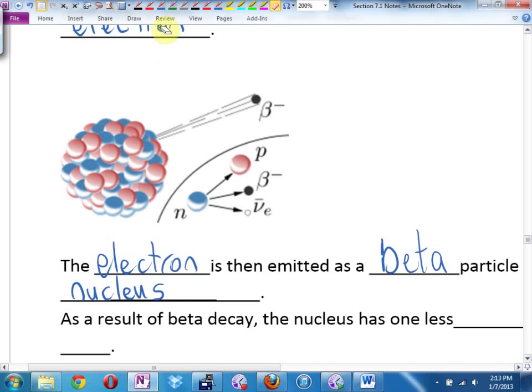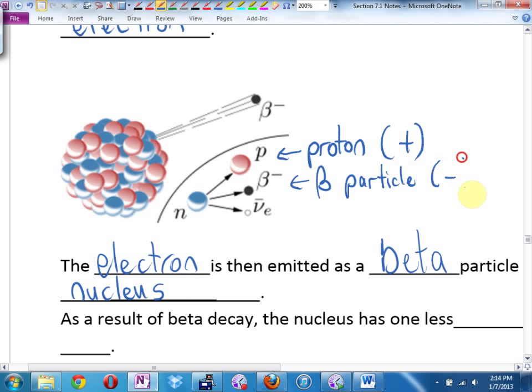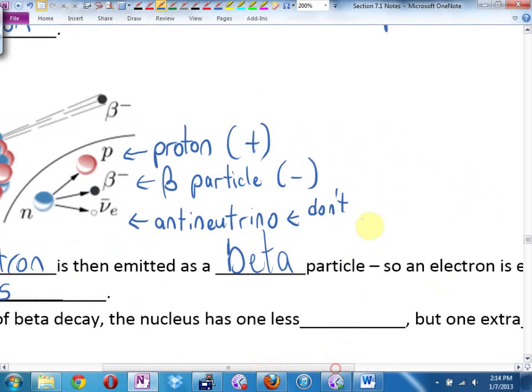It splits up into a proton, which has a positive charge, a beta particle, which is an electron, which has a negative charge, and an anti-neutrino. You don't need to know that, but I wouldn't be a nerd if I didn't tell you.